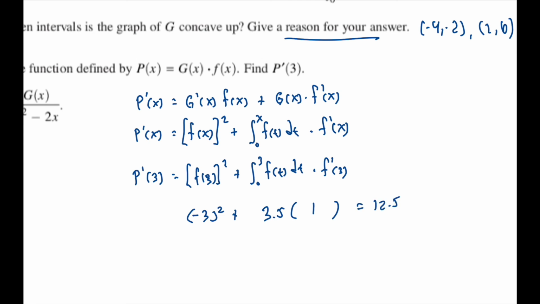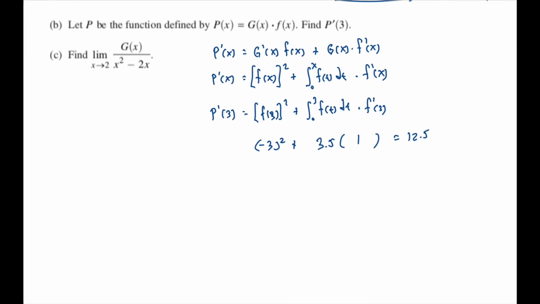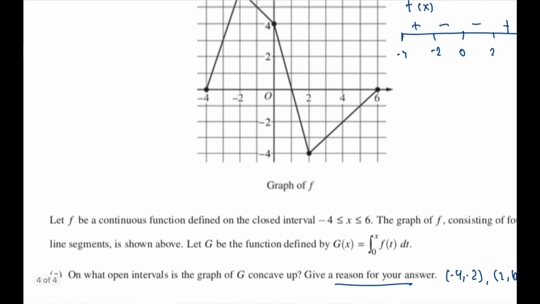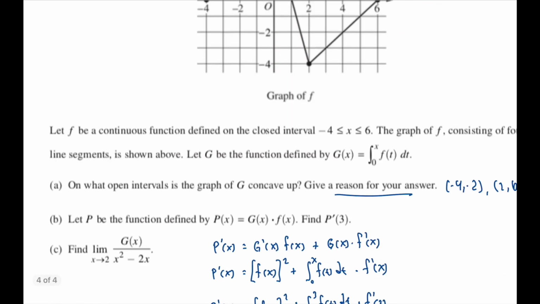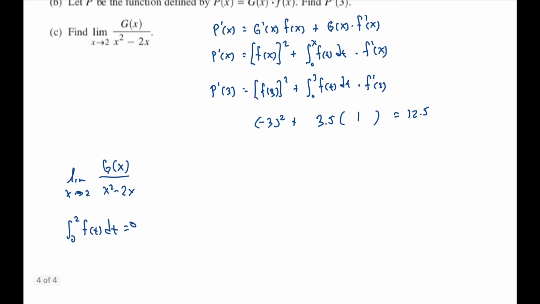Not too shabby. Last one, letter C, we want the limit as x approaches 2 of g of x over x squared minus 2x. Now we just saw that the integral from 0 to 2 of f of t dt was 0, because from 0 to 2 that cancels with that. That integral is 0. This is going to give us 0 over 0.